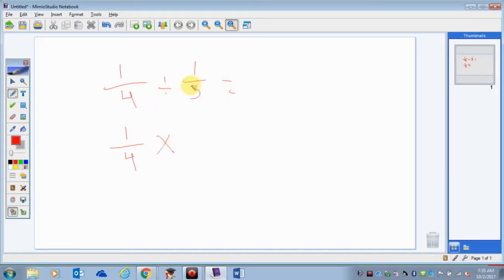Change it, and then I take the fraction here, which is the divisor, and I flip it. So it's going to become 3/1. Anytime you flip a fraction, the result is called the reciprocal. So now all I have to do is work it out. So 1 times 3 is 3, 4 times 1 is 4.